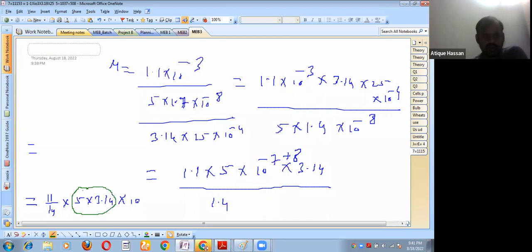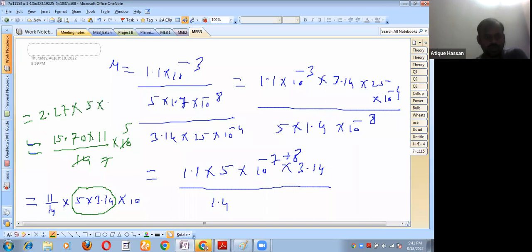So this is 5 into 3.14, and you can do approximation like this. Otherwise you can solve it also. So it's approximately 110 something.